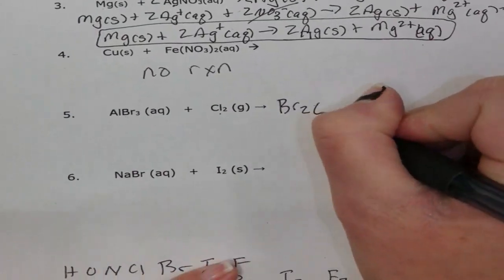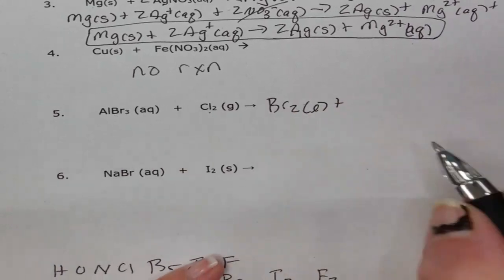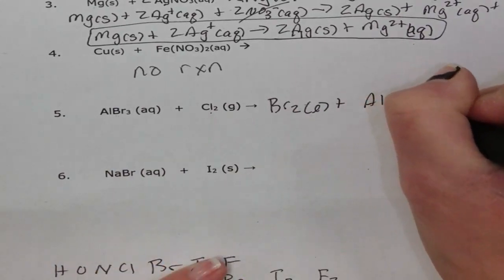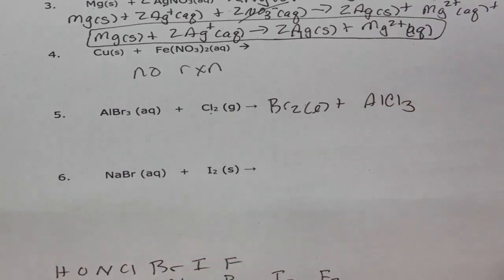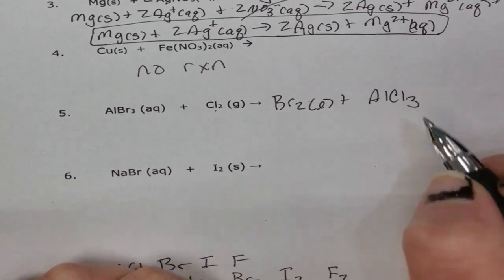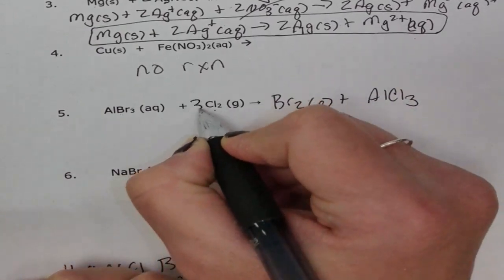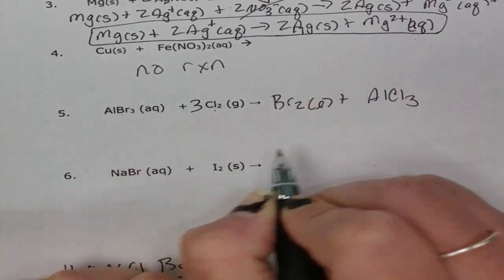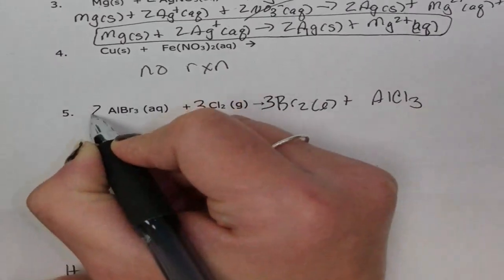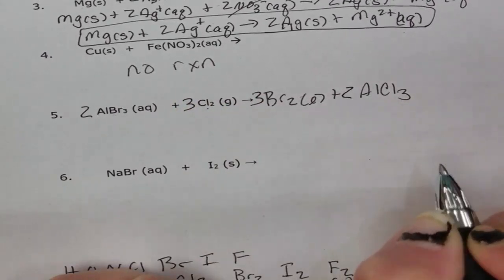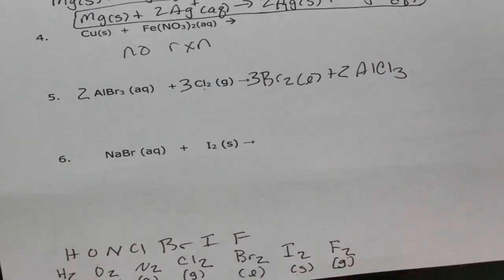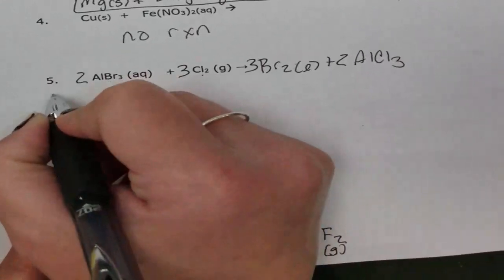All right, so this is a liquid, and we're forming aluminum chloride. All right, and so then I simply have to balance my equation here. So that's a 3. And that should balance. Yes. Okay. So again, we're going to break apart all of our aqueous.